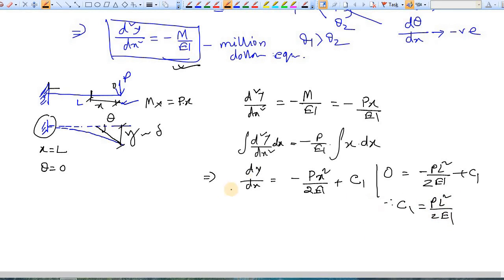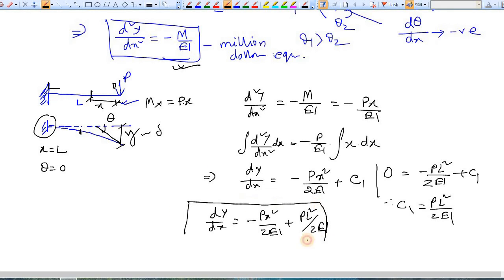So the equation for your slope becomes minus Px square by 2EI plus PL square by 2EI. Whenever you put the value of x, you will get the slope at that section. Okay, so this is the equation for your slope in this type of beam and loading.